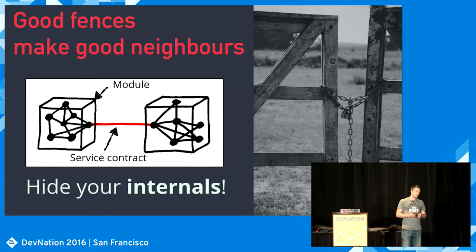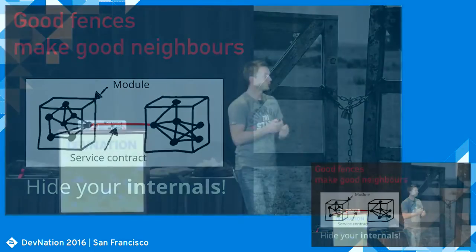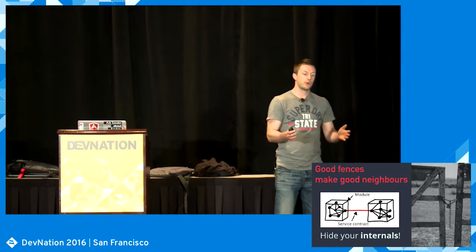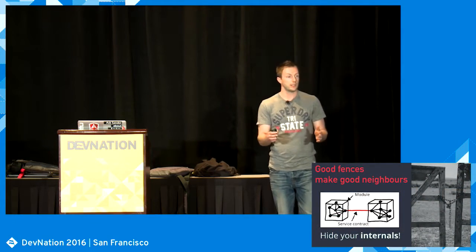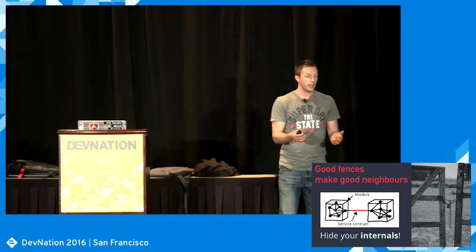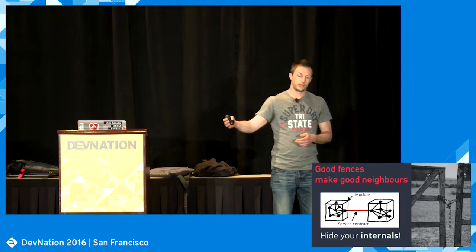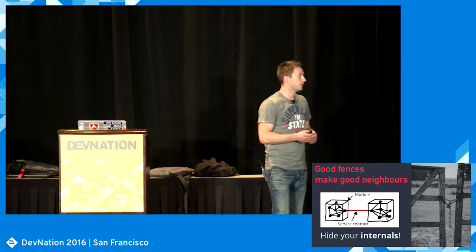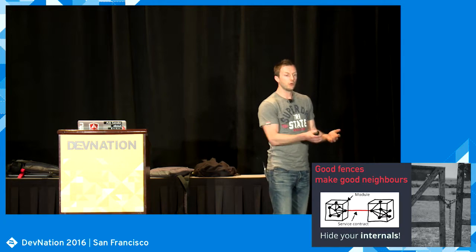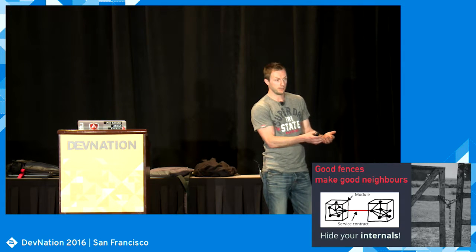If you look at what modularity is actually about as a principle, it's all about encapsulation. What we would like to express in our code base is that we have some code working together, doing something useful, and we would like to draw a box around that code and say, this is a module. Other modules in my system, other code in my system, shouldn't really care or even know about how I implemented that feature.